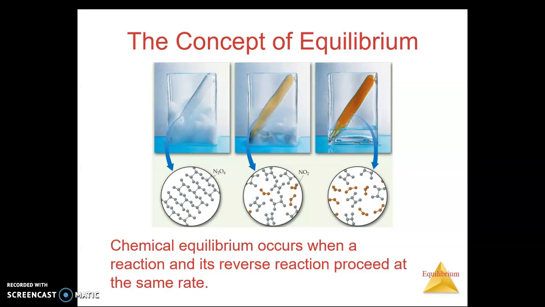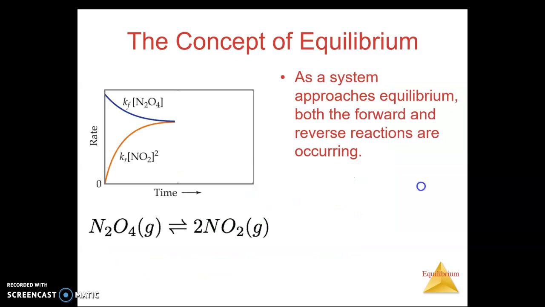So you can affect equilibrium by temperature, because what affects rate? Well, if you're not changing concentration, the temperature can affect the rate. So as a system approaches equilibrium, both the forward and reverse reactions are occurring. And they continue to occur once they reach equilibrium.